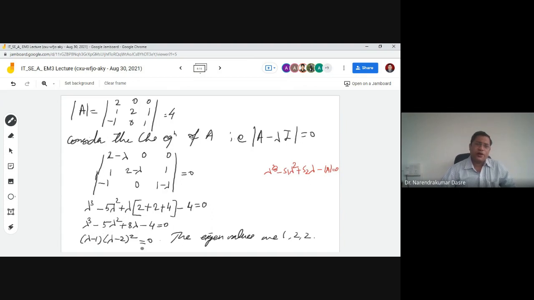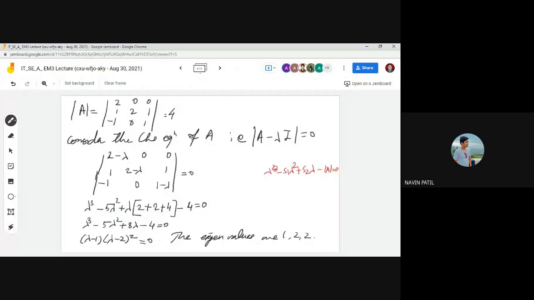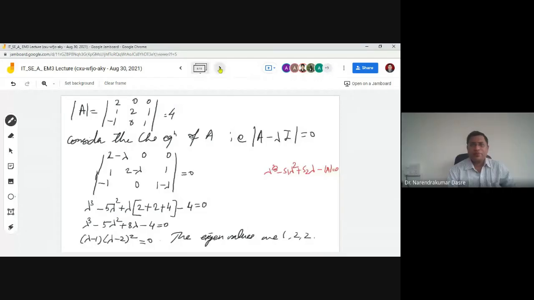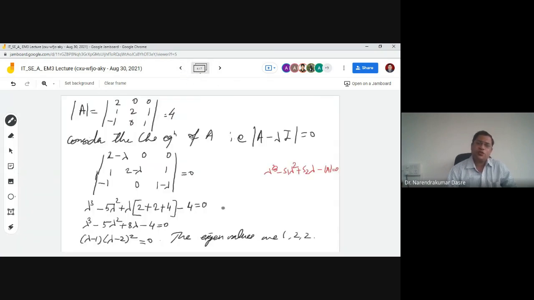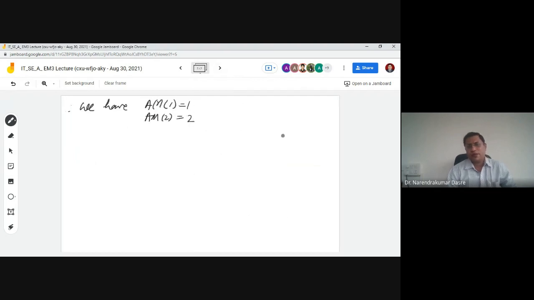How many times is 1 repeated? Only one time. Hence, the algebraic multiplicity of 1 is equal to 1. And the algebraic multiplicity of 2: how many times is 2 repeated? 2 times. So the algebraic multiplicity of 2 is going to be 2.